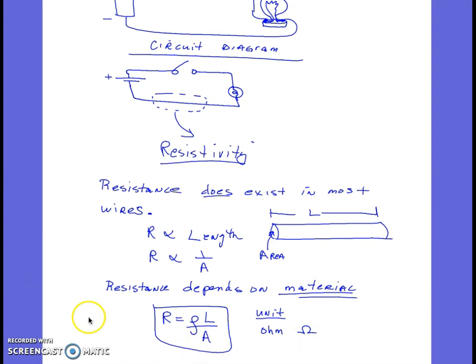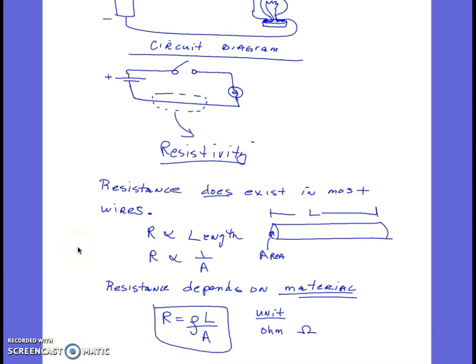Now, I doubt that you'll ever have to actually use this equation to calculate anything, but you need to know the relationship between the resistance of a wire and its length, and the resistance of a wire and its cross-sectional area. But I haven't seen any problems where you actually have to calculate the resistance given these three variables.